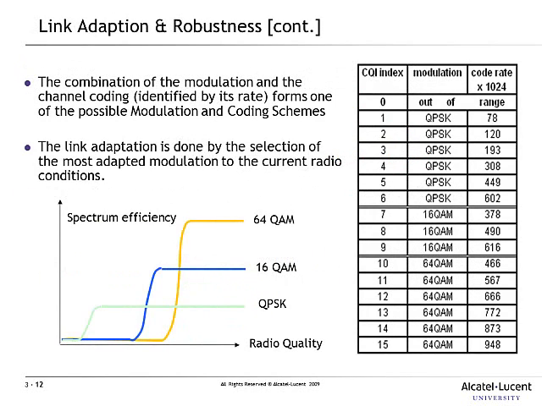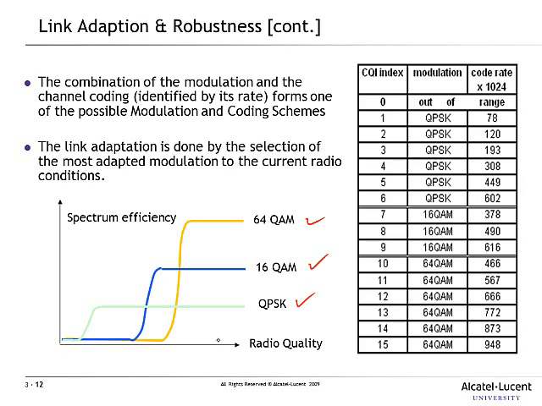Okay, we move further. Now, I told you that there are 3 possible modulation schemes that are used. So we have QPSK, we have 16 QAM, and we have 64 QAM. Okay, now the question is, when do you use which scheme? Now that depends on the quality of your radio.